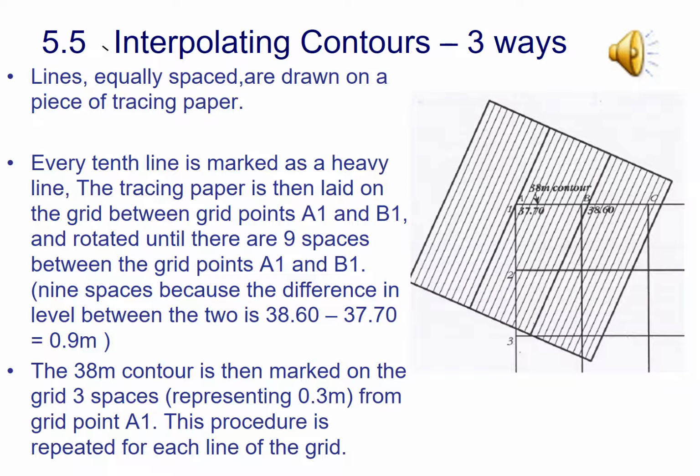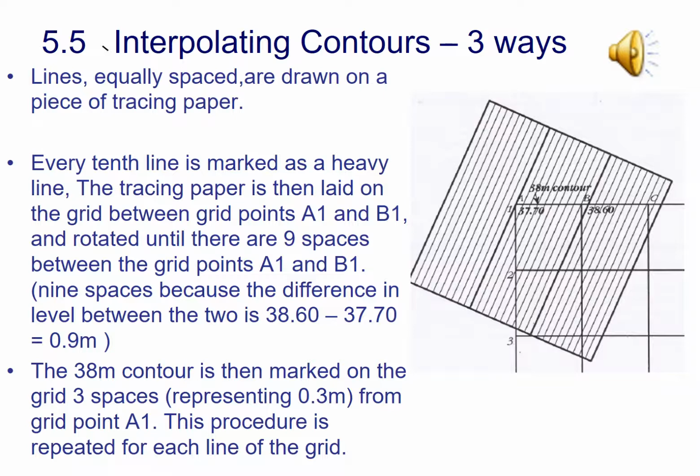I can also tell by looking at that the contour of 68 meters passes between those 2 points, because we go from 67.7 up to 68.6. So 68 is in there somewhere. What I'm trying to do is to work out how far along that line does the 68 meter contour occur.